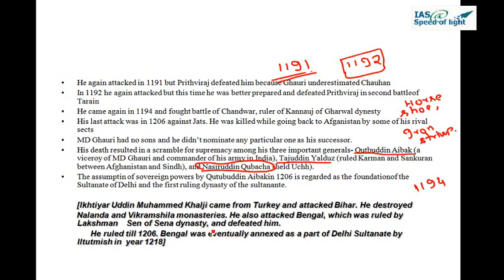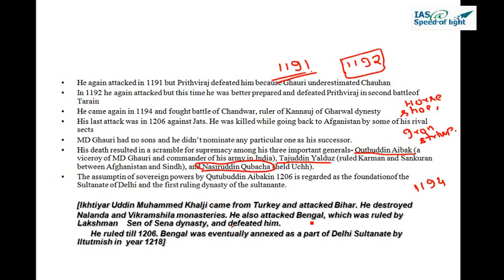But we finally see Qutbuddin Aibak coming out successful in this battle of three people, and he is regarded as the founder of the Delhi Sultanate, and he also established the first ruling dynasty of the Delhi Sultanate, that is the slave dynasty or Mamluk dynasty.